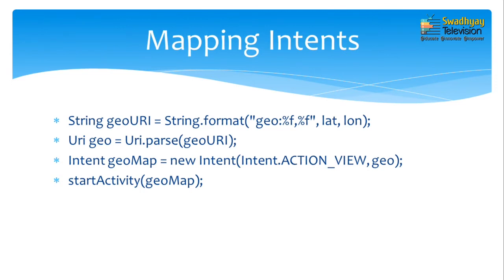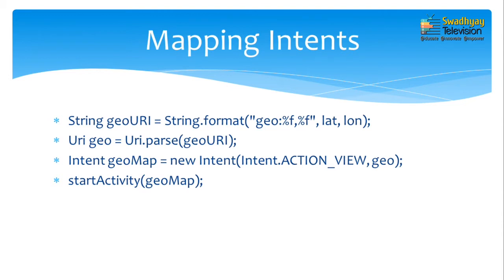Then you have to create an intent, and inside the intent we use the generic action view action for specifying that we want to launch the map application. So, the first argument is the intent action which is ACTION_VIEW, and second is a URI which specifies which application to use.